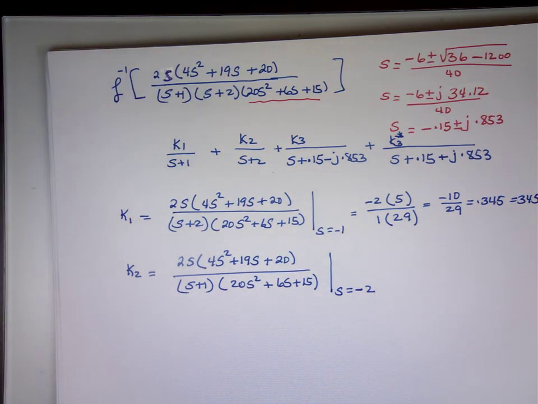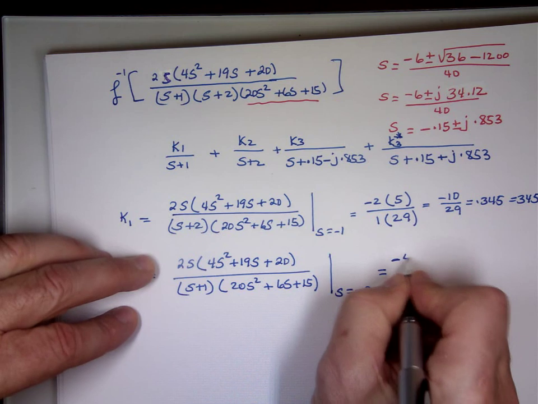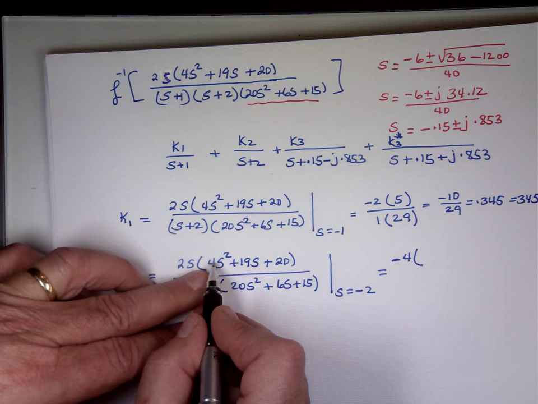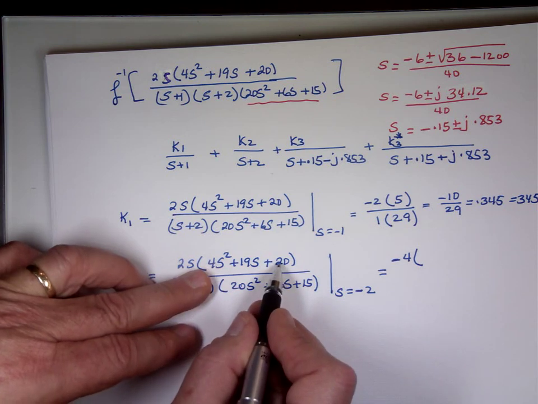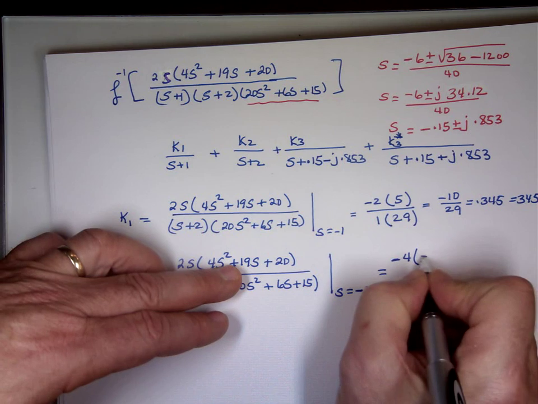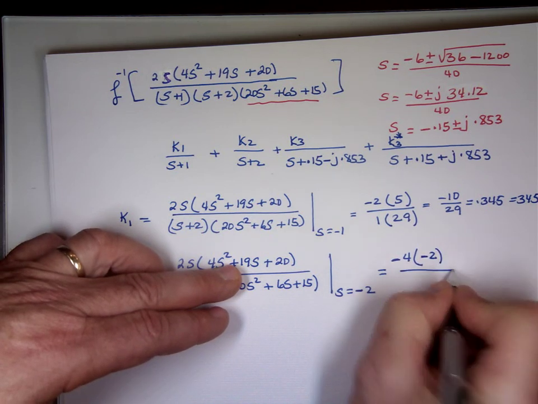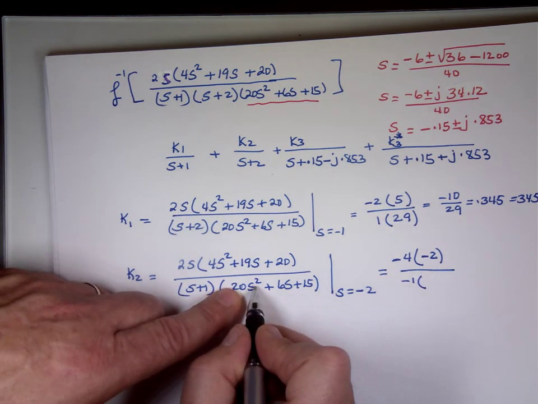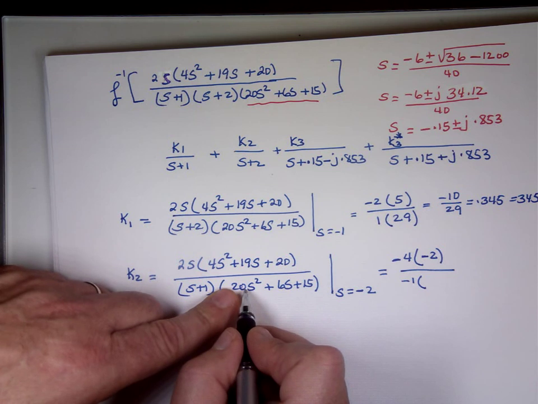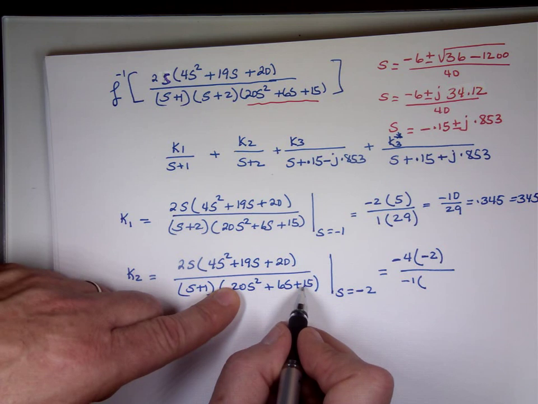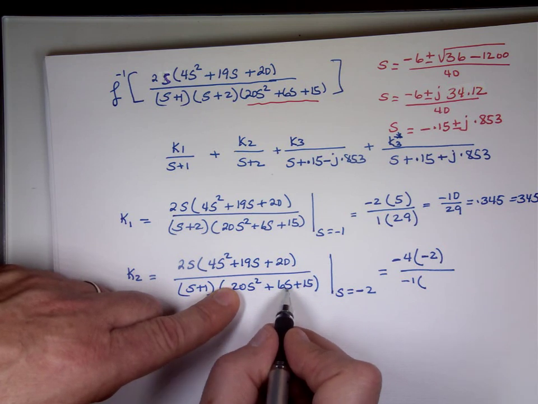Plug it in. -4, that's 4 times 4 is 16, 16 and 20 is 36, 36 minus 38 is -2, over -1. 4 times 20 is 80, 95, 95 minus 12 is 83.